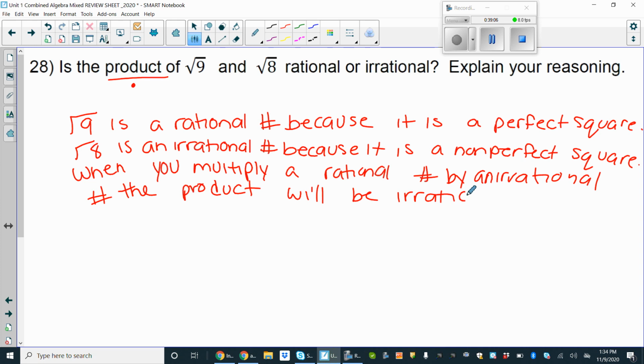And that is always. Anytime you multiply a rational number times an irrational number, you'll always get an irrational answer. If you had a rational times a rational, that would be a rational answer. Okay?